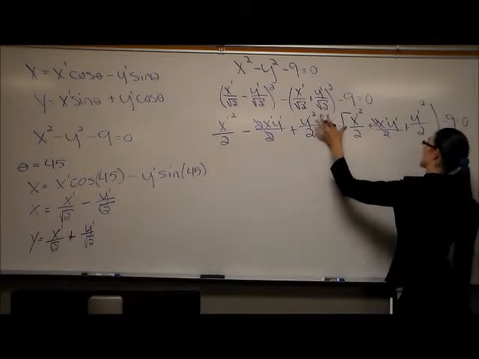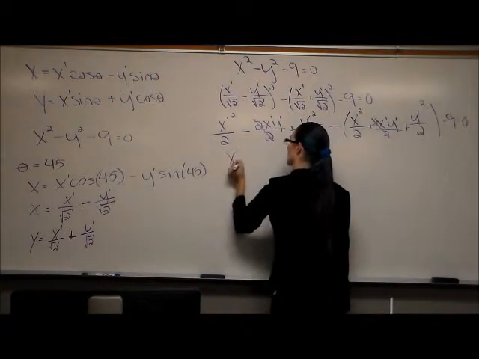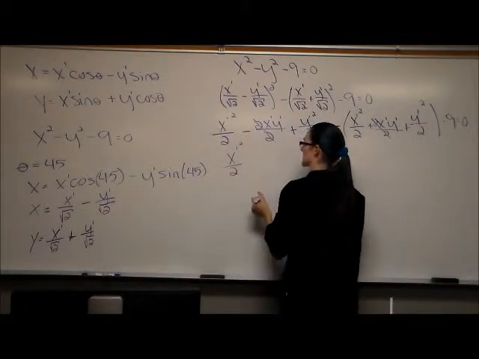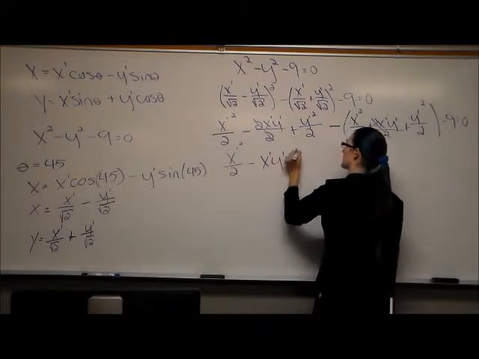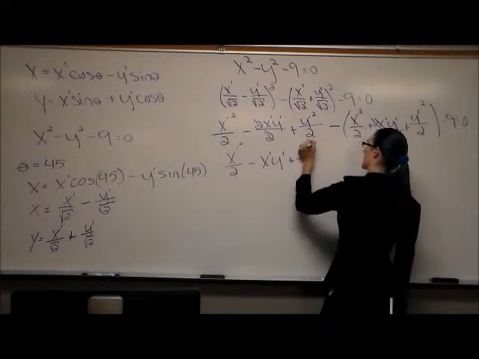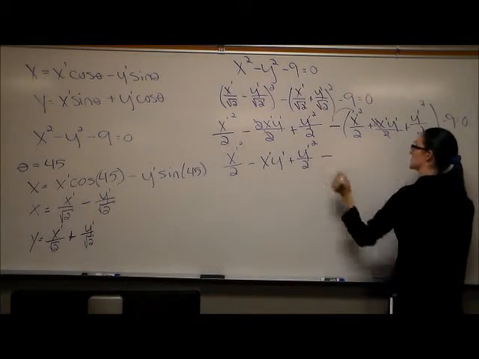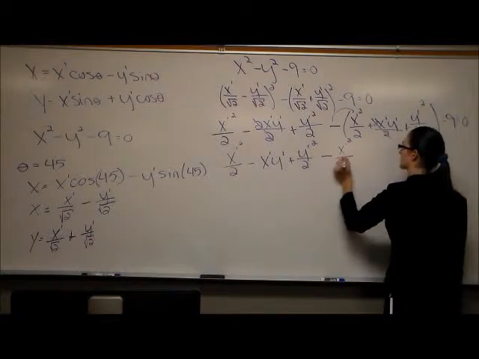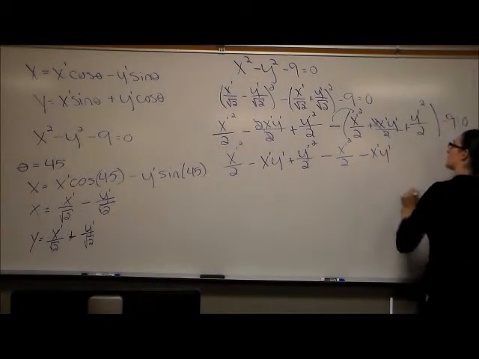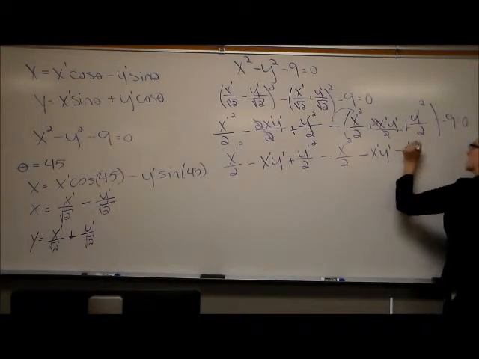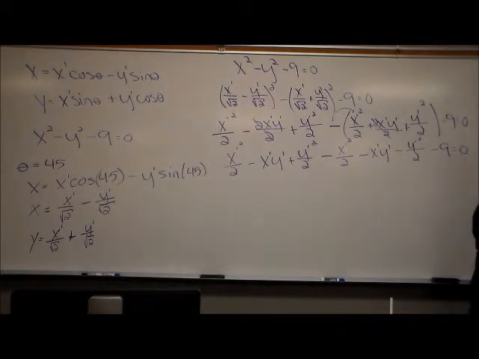Still need to distribute your negatives, so that's why we still have the parentheses left there. x prime over 2, x prime is being squared, minus x prime y prime, plus y prime squared over 2 on the y prime only, minus, because that gets multiplied, x prime squared over 2, minus x prime y prime, minus y prime squared over 2, minus 9 equals 0.